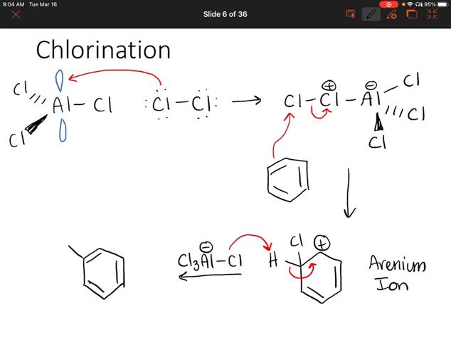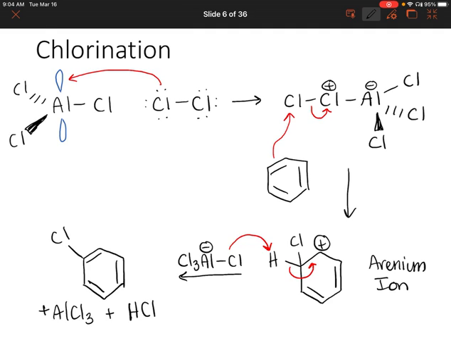But this time we have a chlorine attached. And then we reform our catalyst, and we also formed hydrochloric acid. So basically the same exact mechanism, we're just using aluminum trichloride instead of iron tribromide.